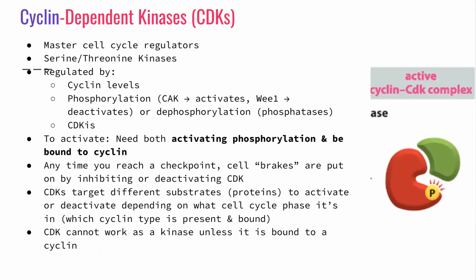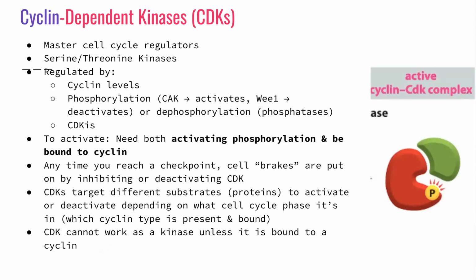So going into regulatory mechanisms of the cell cycle, we have our master cell cycle regulator, which is cyclin-dependent kinase, or CDK. It is a serine threonine kinase, which basically indicates the type of amino acid that it can phosphorylate.